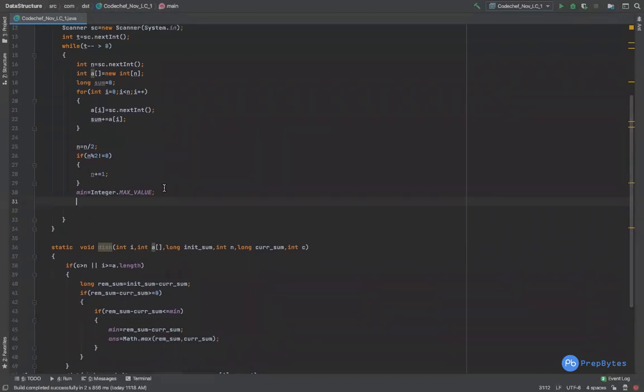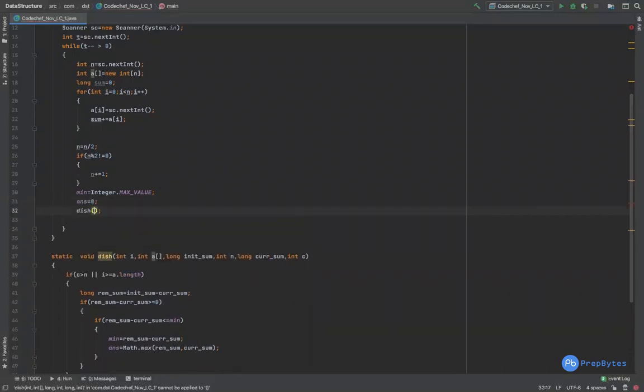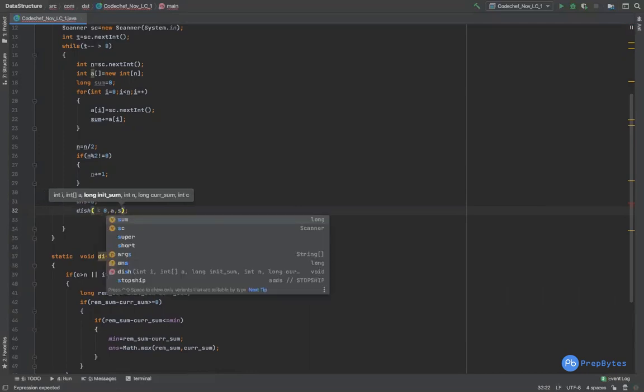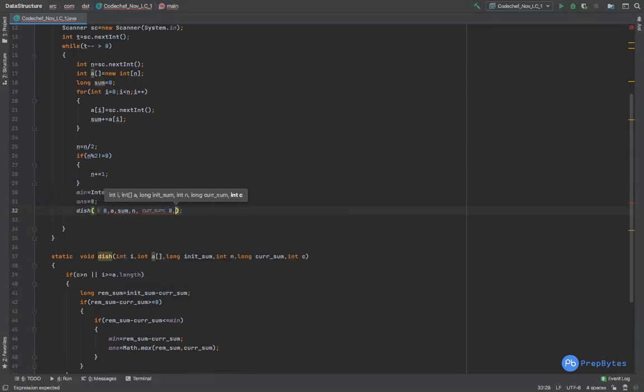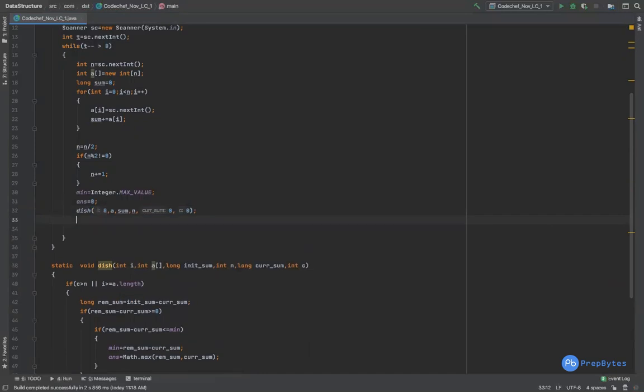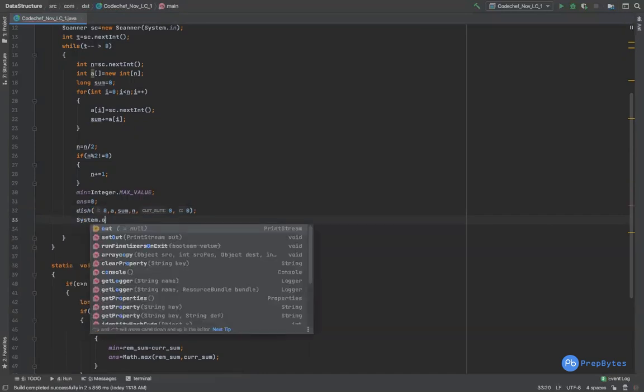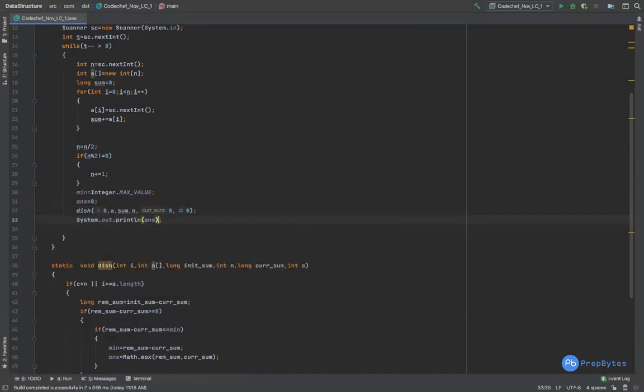To avoid that confusion, we put this here. Then we call the function, starting with index 0, passing the initial sum as sum, then n, then current sum as 0, and counter also 0. After calling this function, we simply print the answer.